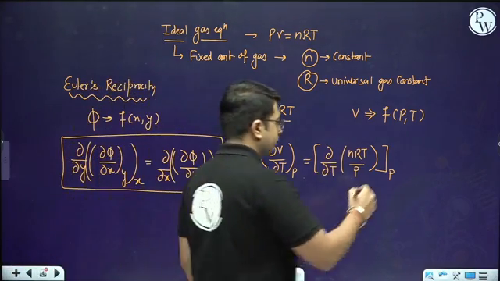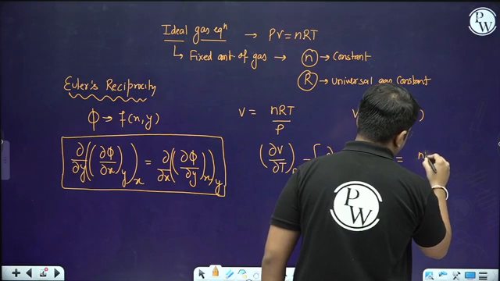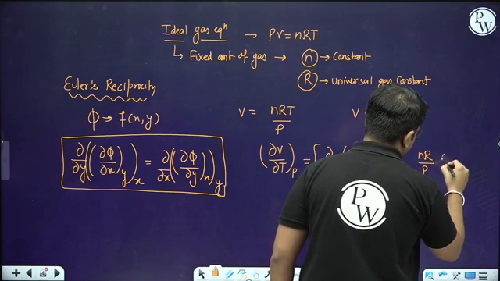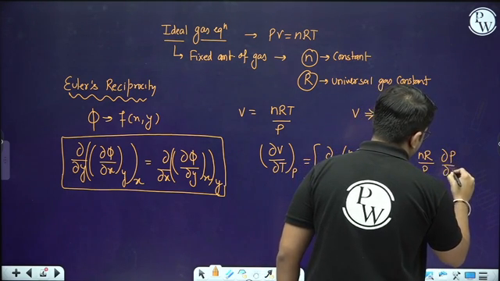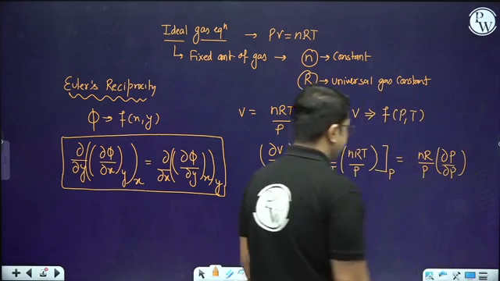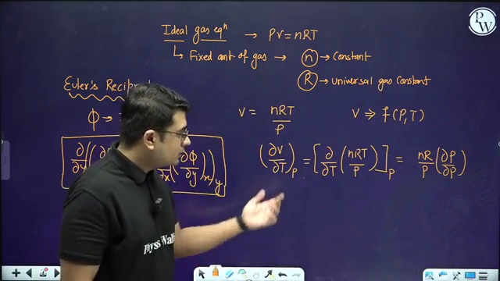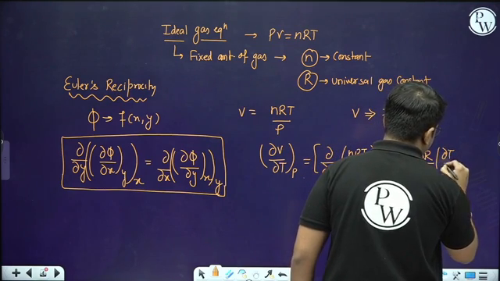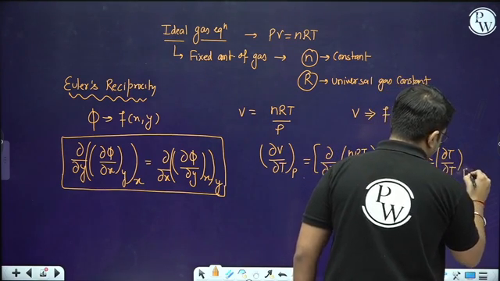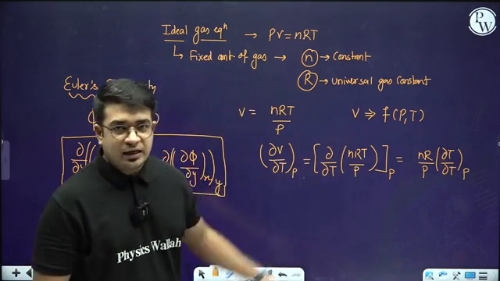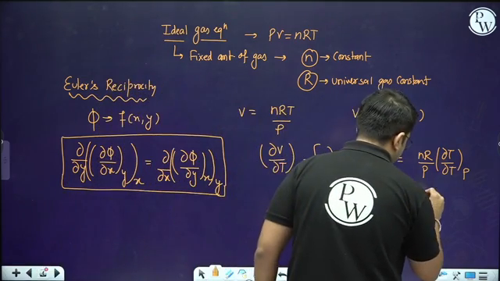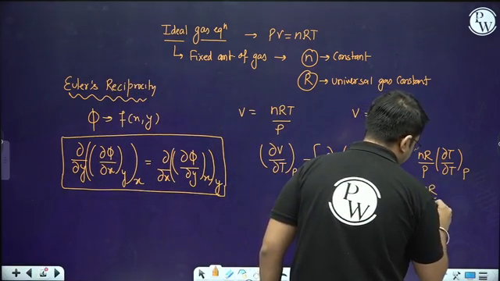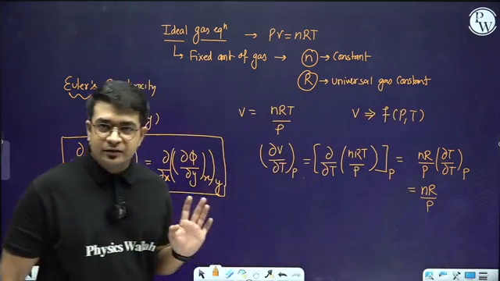So I can say that this will be nR by P times dT by dT at constant P, and this entire part will be equal to nR by P. So we have calculated the first part.